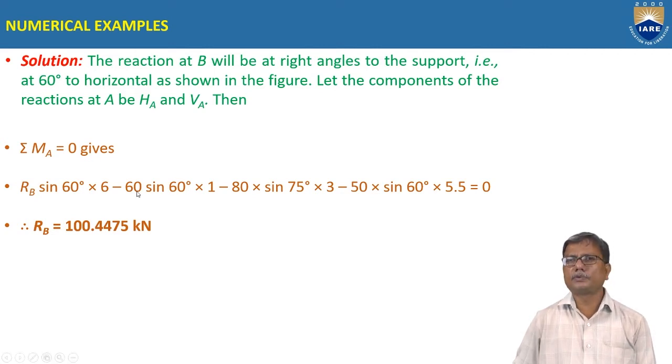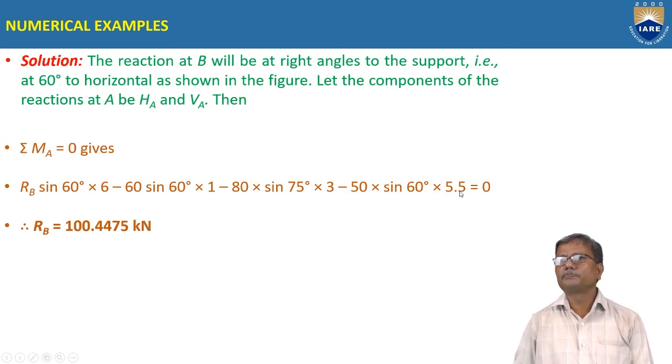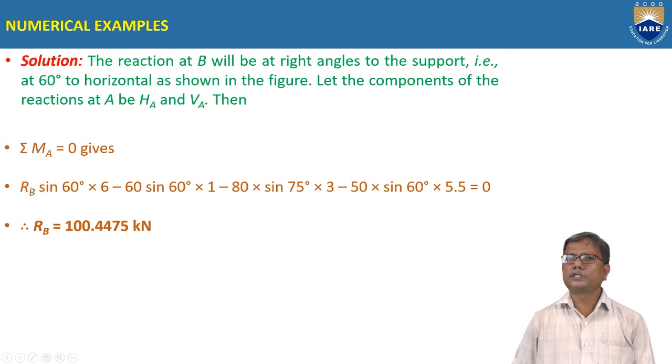So the vertical component of 60 kilonewtons load is 60 sin 60 into distance 1, minus 80 sin 75 into 3, minus 50 sin 60 into 5.5, that is equal to 0. So RB is equal to, because here RB is the only unknown, RB is equal to 100.4475 kilonewtons.